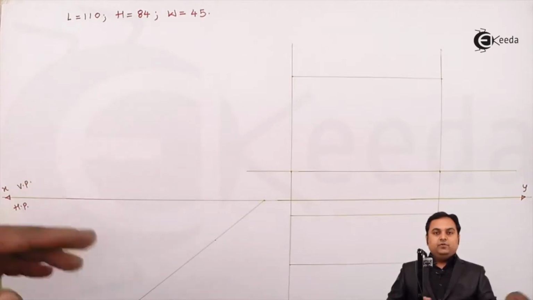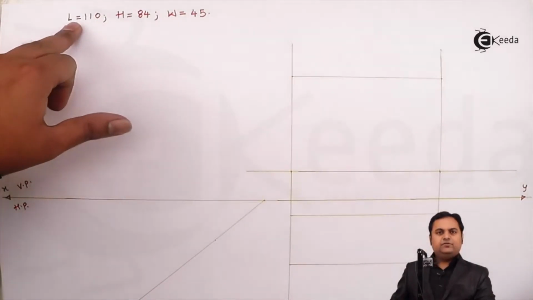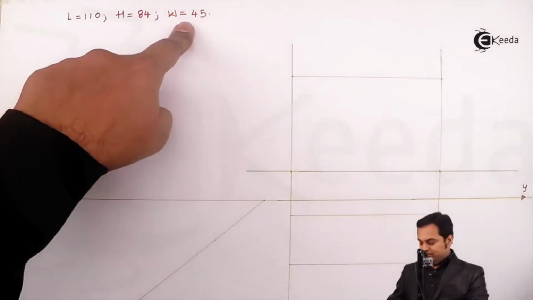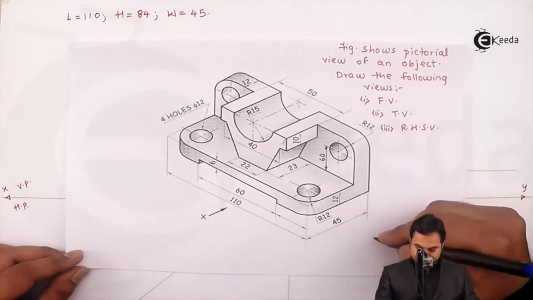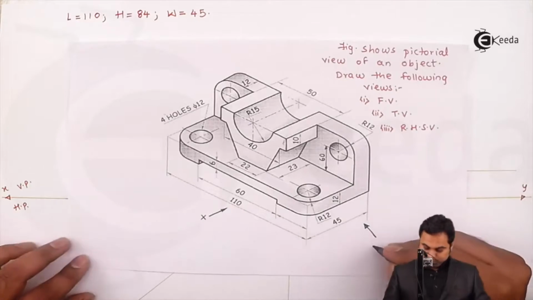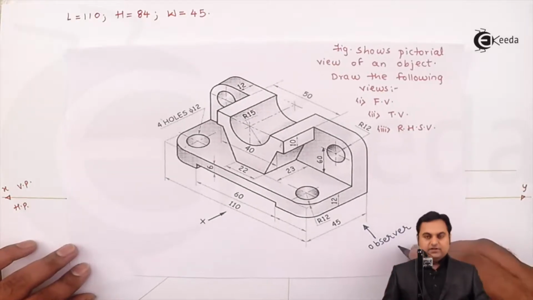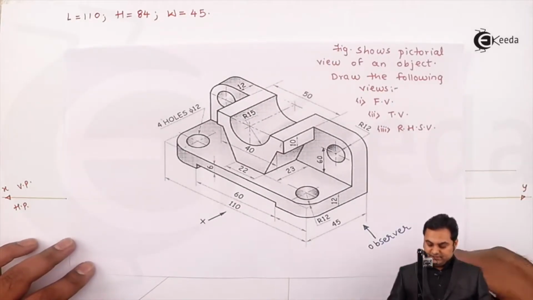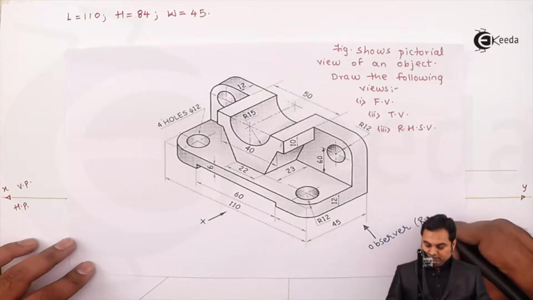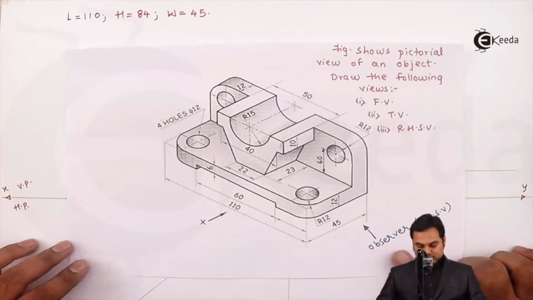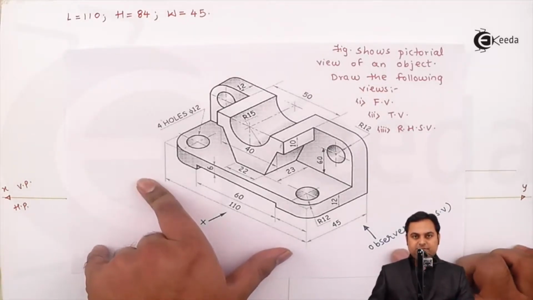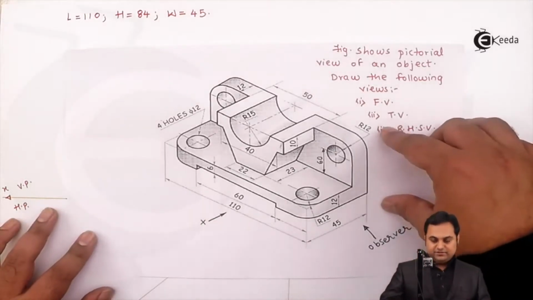In case of side view, the length is not visible, but height and width are visible. That is, for the side view, we are here on the right hand side as an observer. And from this direction, this length of 110 is not visible, but the width and height are visible.